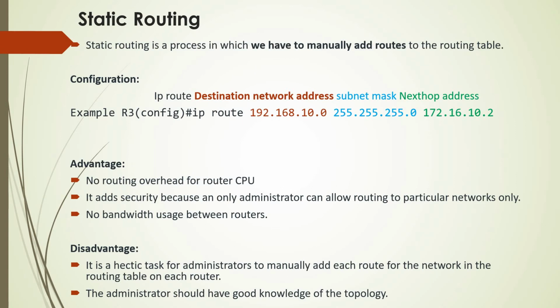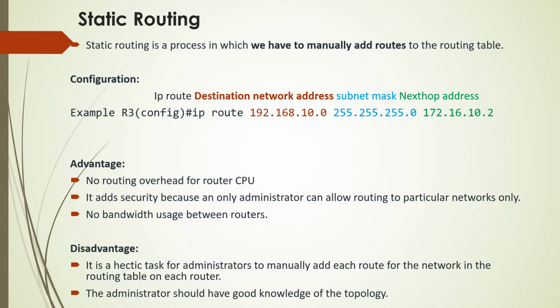First, static routing. Static routing is a process in which we need to give the information manually for all the routing tables. On each and every router, the administrator has to set the routes. This is the destination network address, and through this next hop, the packets have to reach the destination.